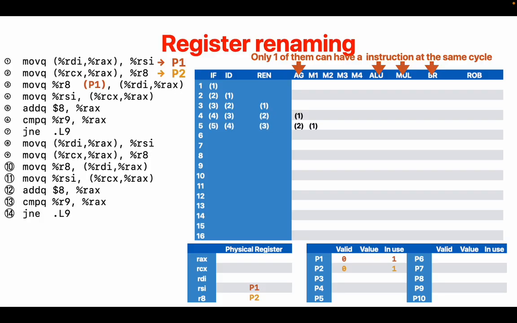Address generation, right? And in the meantime, for the register renaming, we can put a table like this, right? Now, for instruction 3, are we allowed to put it into execution the cycle after it's renamed? It's depending on P1 after renaming, right? Are we allowed to put that into execution?